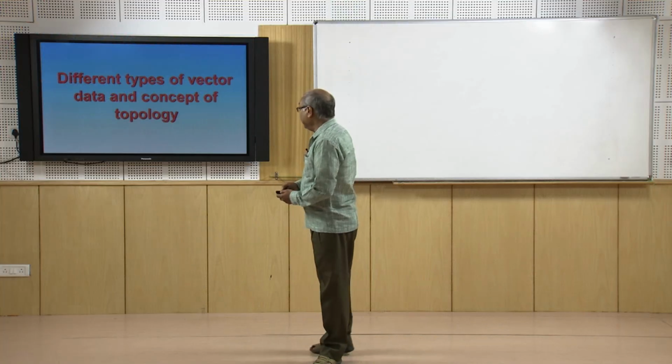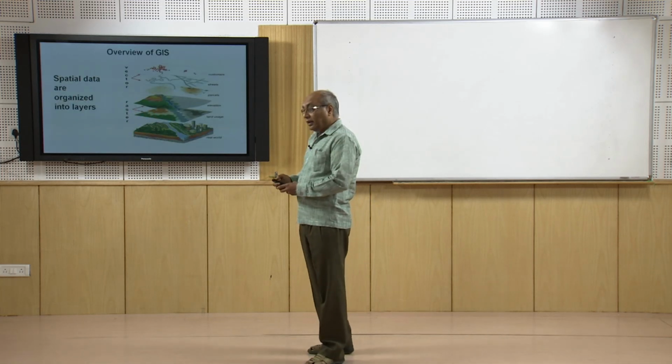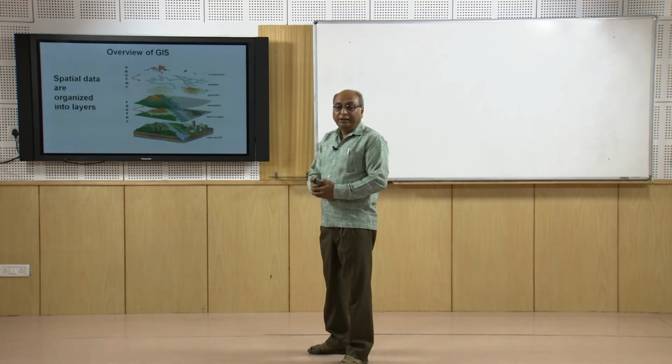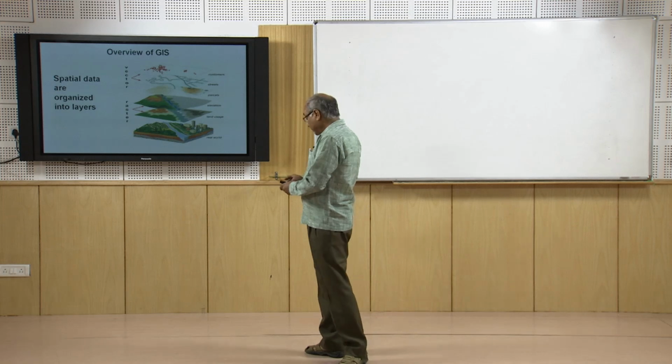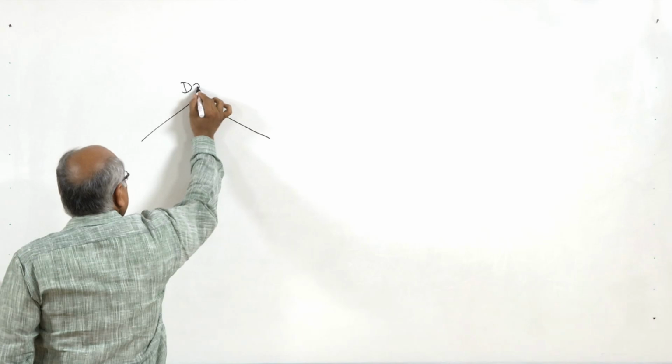So first, about the different types of vector data. If you recall this diagram, which I also used in lectures 1 and 2, when you segment the real world into different layers or themes, you create different types of vector data as well as raster data. So first, what I am going to do is bring in these two major divisions of data in GIS.